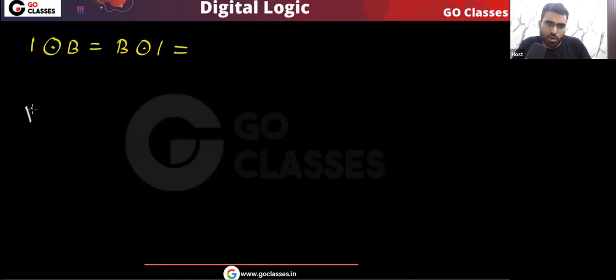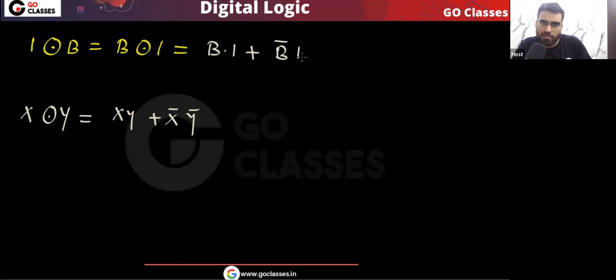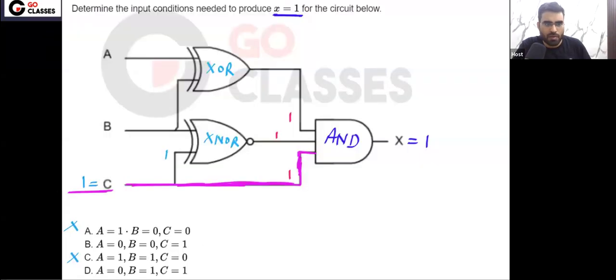Very simple. We already know that x XNOR y is equal to xy or x bar y bar. So you can apply the same thing here. This will be B 1 or B bar 1 bar. So finally, this will be same as B. Yes or no? So remember, this output actually will be same as B. So B also must be 1. Correct? So two options are remaining.